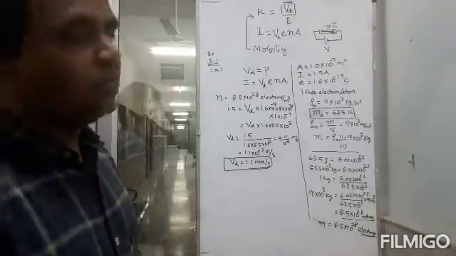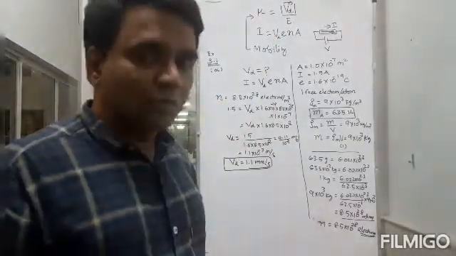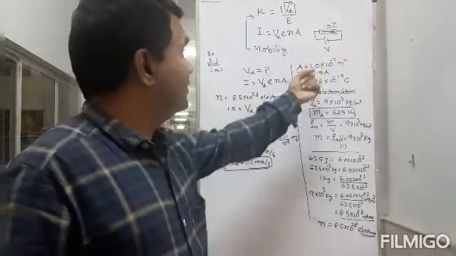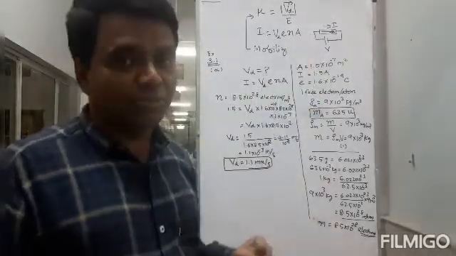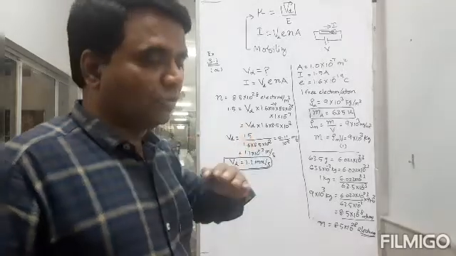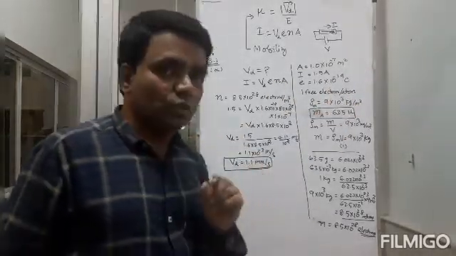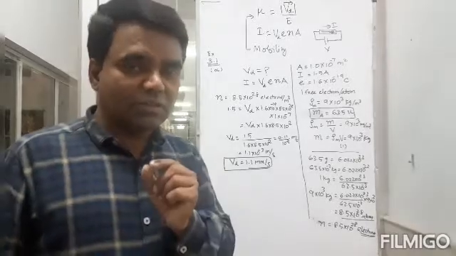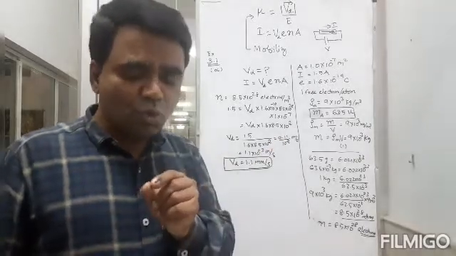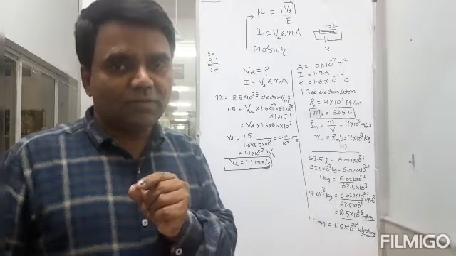Note that when 1.5 amperes of current is flowing through a copper wire of area 1 into 10 power minus 7 meters squared, the drift velocity of the electrons from one end to the other end is very, very low. The electrons on average move 1.1 millimeter per second.